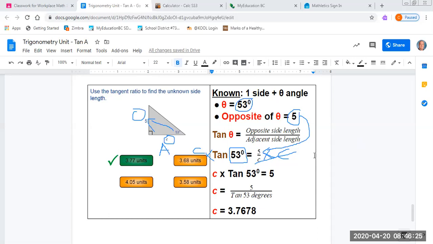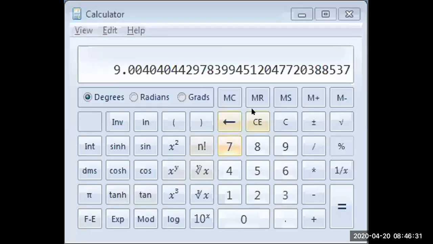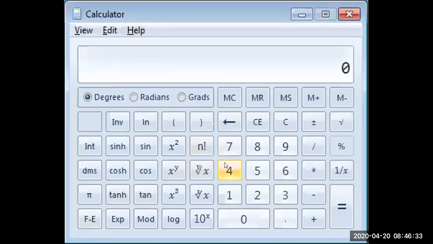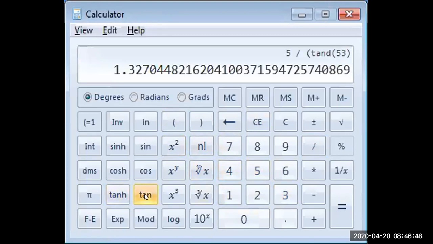So if I were to go in here and choose the calculator, what I'm going to need to do in this case is do the 5 first. Then I need to put the division sign in, because that's what that line in the fraction means. And then I'm going to open the bracket here. And then I'm going to type in 53, and then I'm just hitting the tan button.